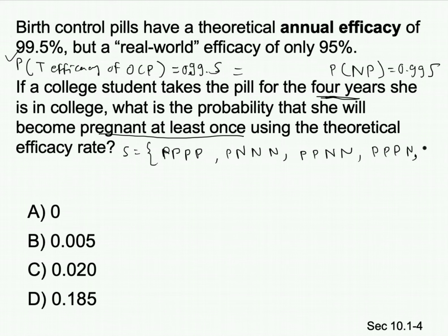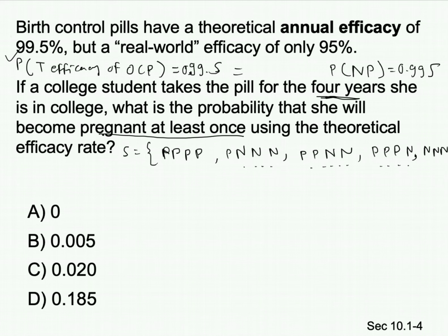And then there is the possibility that she will not become pregnant in any of these 4 years. There could also be several combinations according to sequence, but the point here is to elaborate the total possibilities. Out of the total possibilities, there will be only one event in which she does not become pregnant in any of the 4 years.